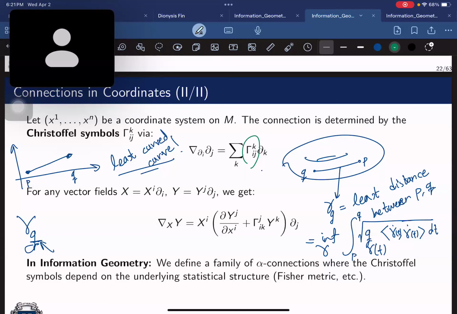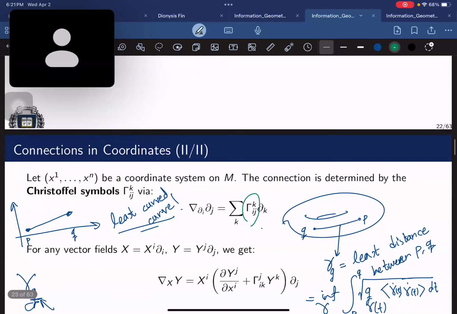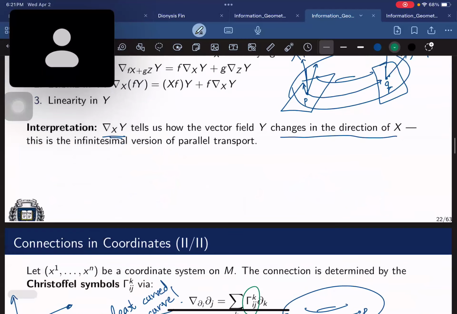I want to emphasize this. Given a Riemannian manifold M and g, we can come up with different affine connections, actually infinitely many. We haven't discussed the relationship between the Riemannian geometry we already discussed, the inner product, and its connection to the affine connection.